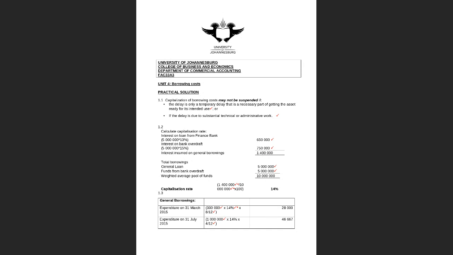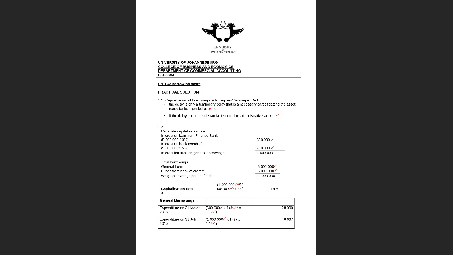When you are obtaining the funds to use in the construction, those funds qualify as a specific name. So my question is, why are we using the 5 million of loan and 5 million of overdraft as general borrowings, because they qualify as specific?